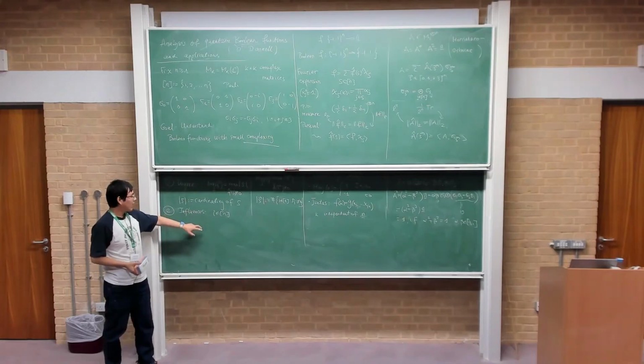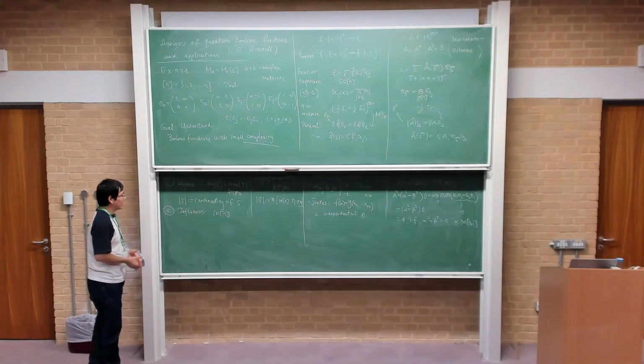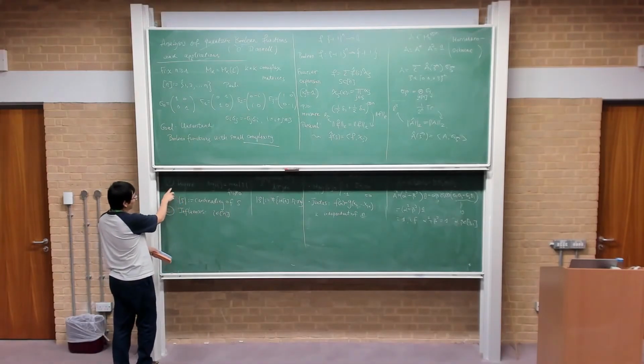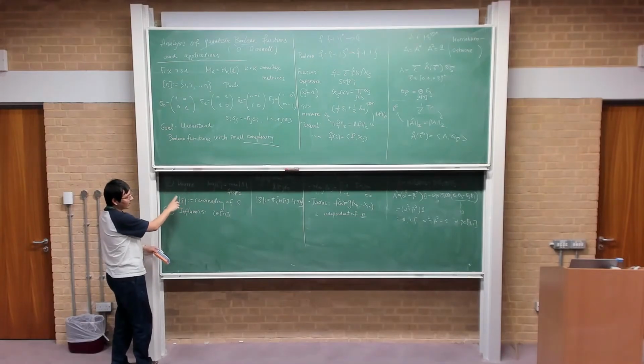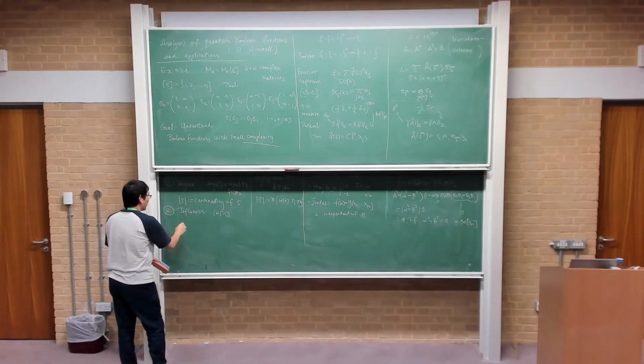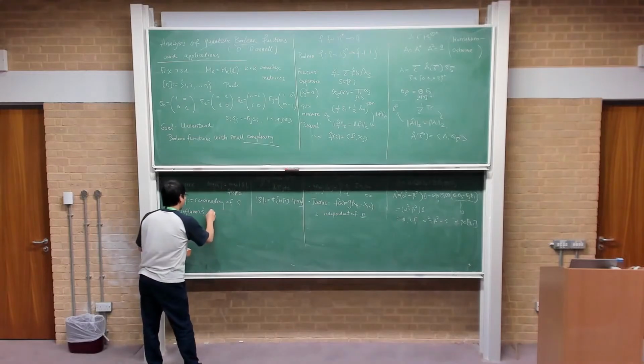I want to look at the influence of the ith variable on your function f. Here, let me remark that in defining degree, I don't need the function to be Boolean. Here, let me fix the function to be Boolean. Okay, influence for Boolean functions.